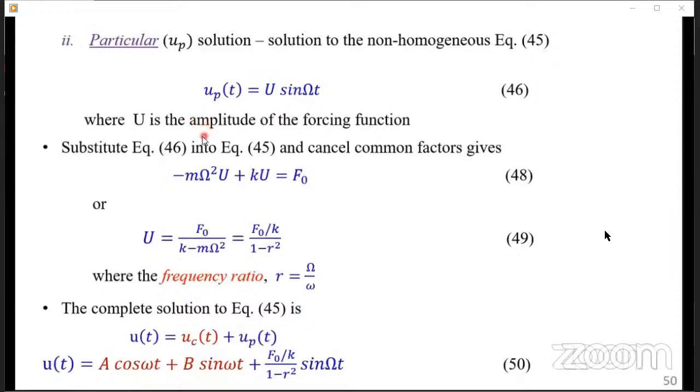Now we are saying the capital U here. Don't confuse the capital U here with the small u. The small u is our response, our displacement, but the capital U is the amplitude of the forcing function. Remember, we have assumed that the applied external load, the forcing load or the forcing function, is a wave or can be expressed as a sinusoidal function because we assumed a harmonic loading.